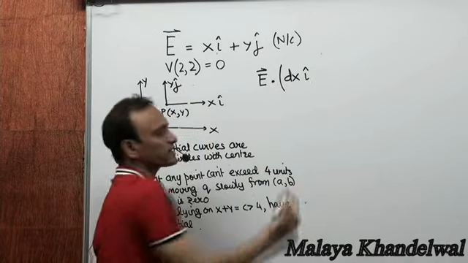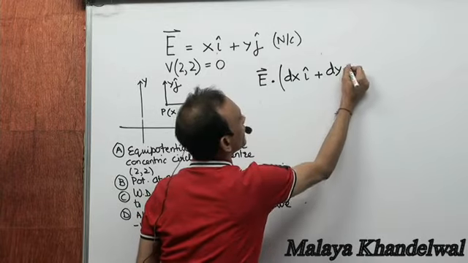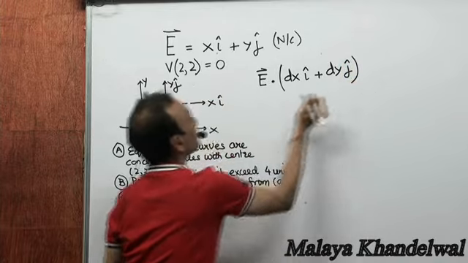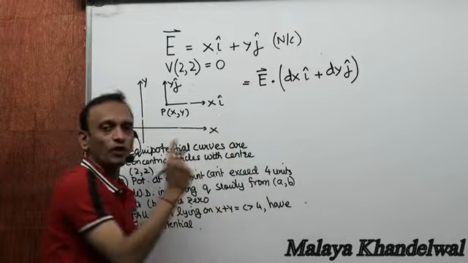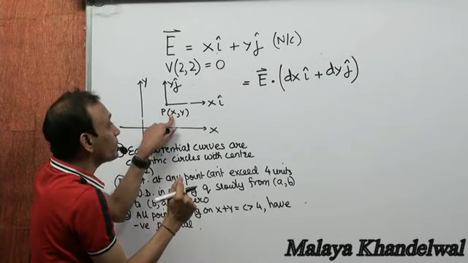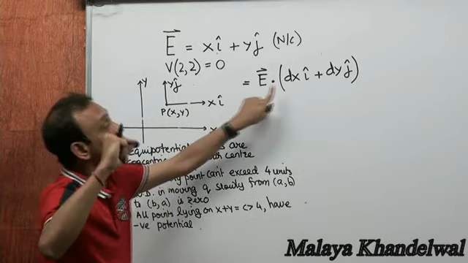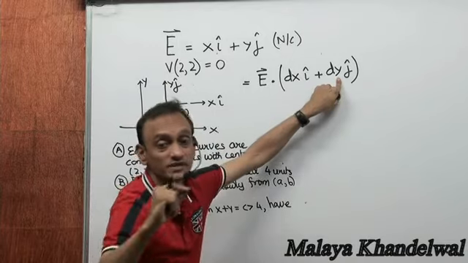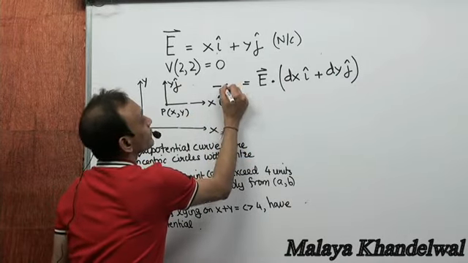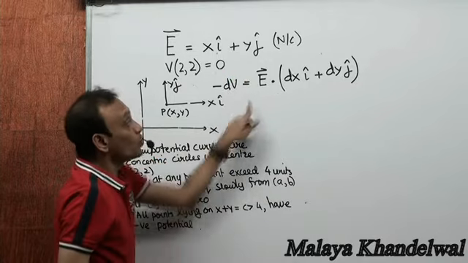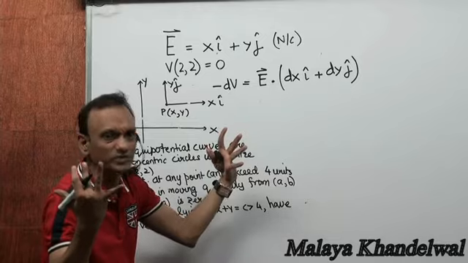Displacement in the x direction is dx i cap, displacement in the y direction is dy j cap, right? That means displacement in the x direction is dx, in the y direction is dy. And this has resulted in change in potential dV. So work done by the electric field is negative of the change in potential, by definition of potential.